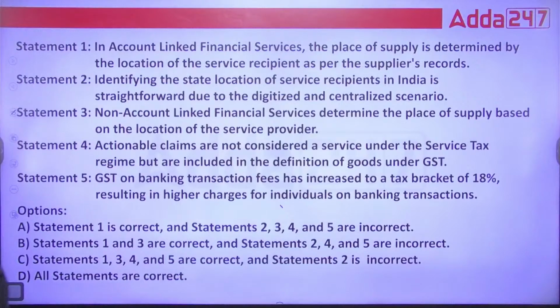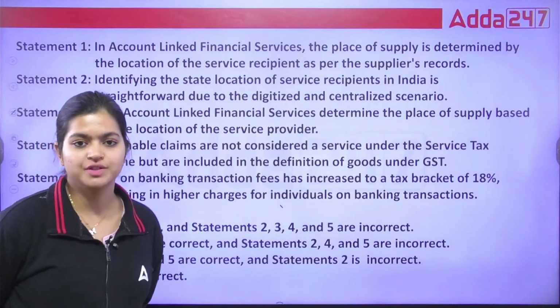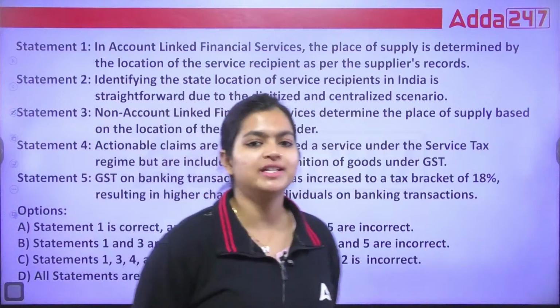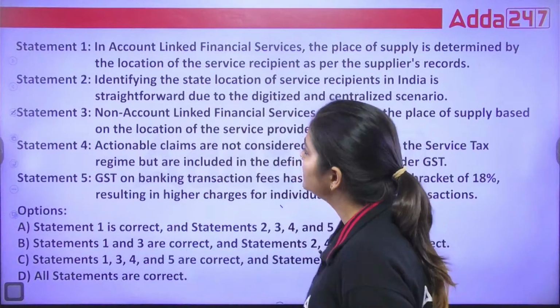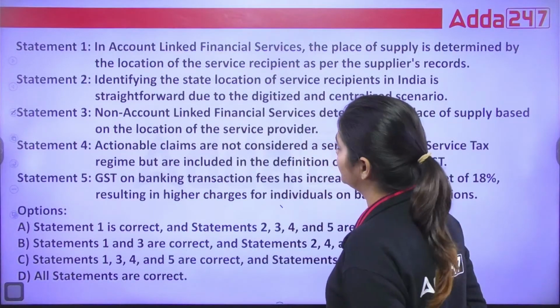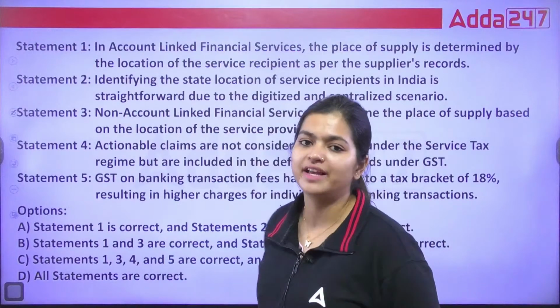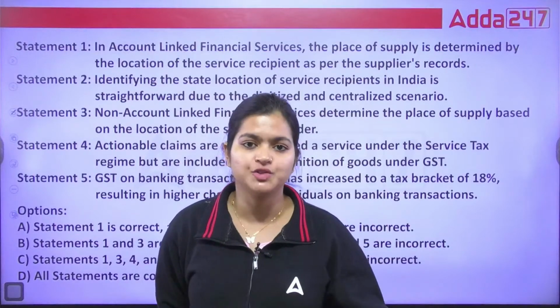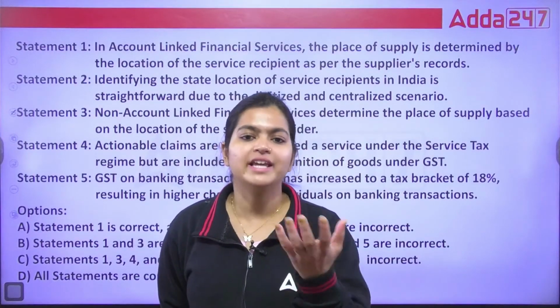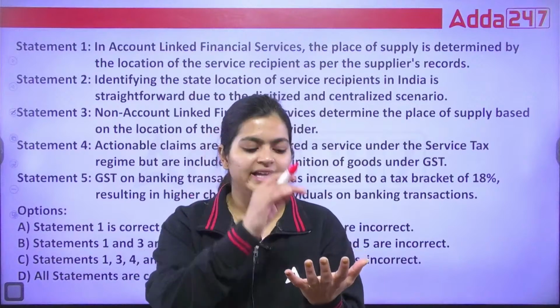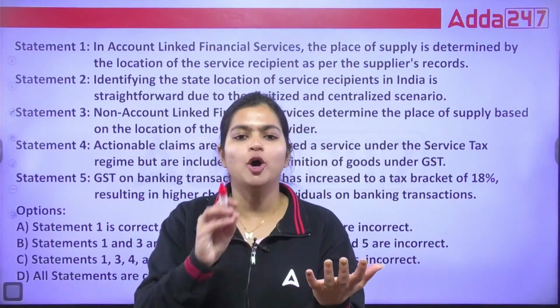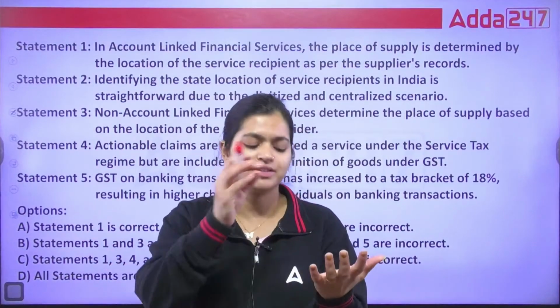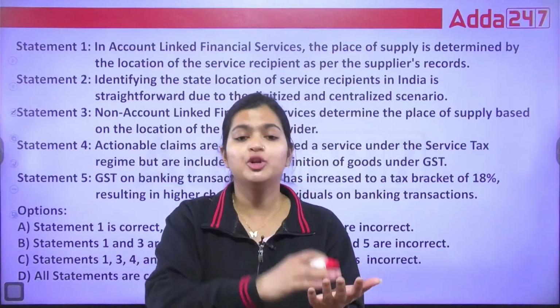So statement 1 talks about account linked financial service. This question is from your GST module D. So first is your account linked financial service. If you talk about the banks, whenever any customer approaches for account opening or for any services, they get one KYC form, in which they get so many different options for address: permanent address, residential address, communication address.